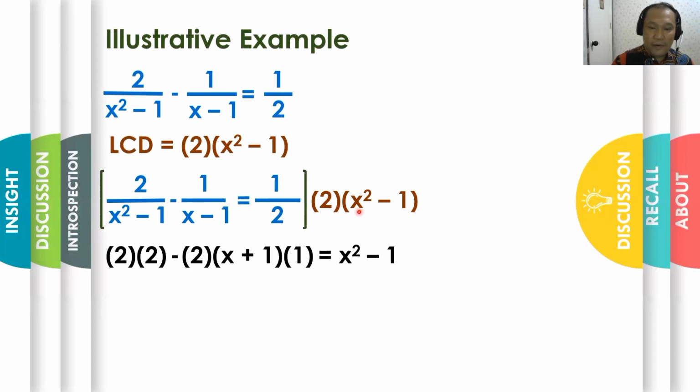Okay, now remember x squared minus 1 is the same as x plus 1 times x minus 1. Meaning, if we divide the given LCD by x minus 1, what is left here will be x plus 1 times 2.